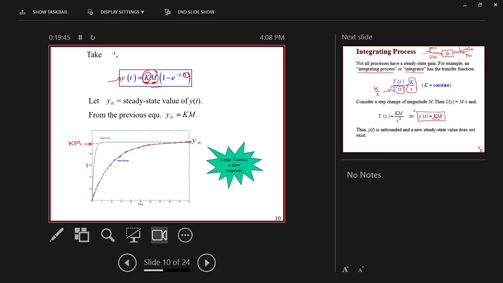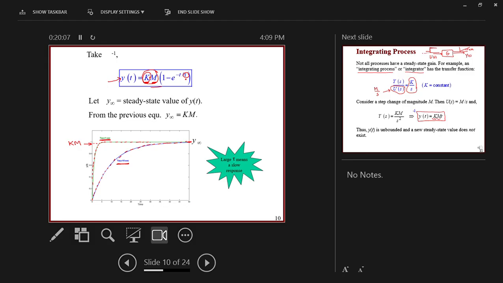Now, changing the value of tau, this function changes due to two factors, the K and the tau. Changing the value of tau, as you can see in this figure, the blue line represents the dynamics with tau equal to 10 seconds. However, if we reduce the tau to 1 second, you can see now the graph responds faster.